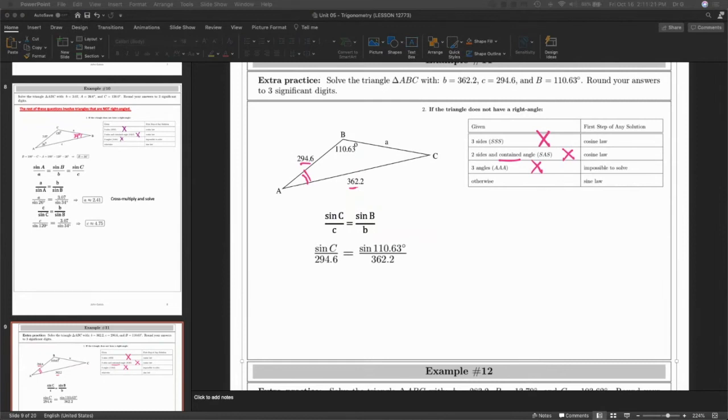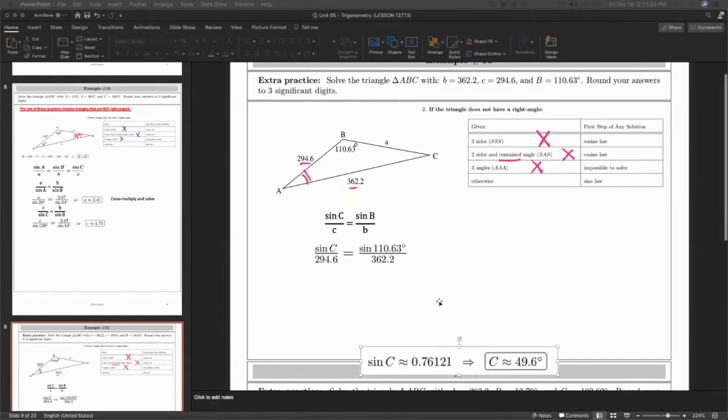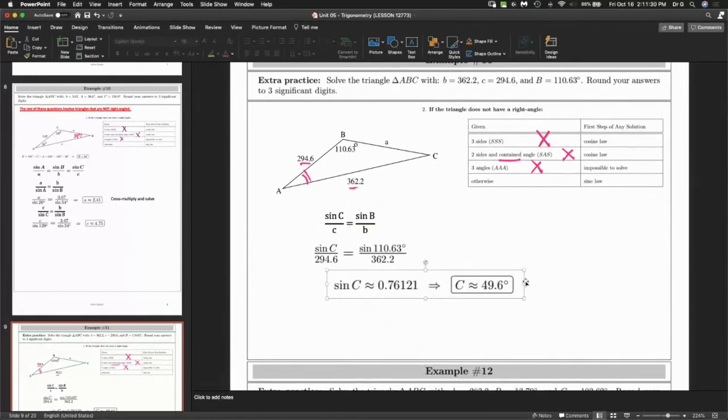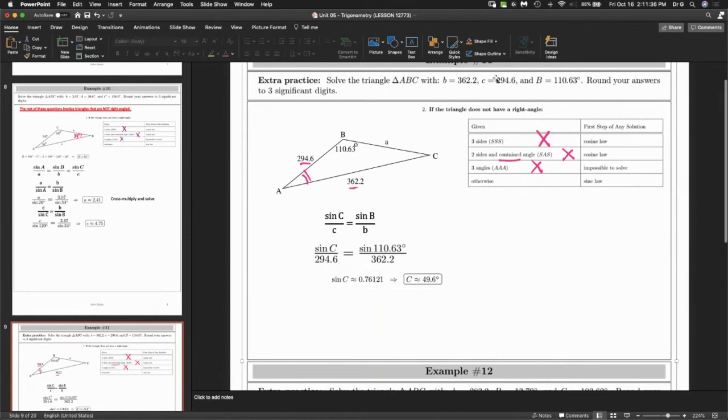Now, the key thing here that's important is once you have sine C, you need to use the inverse button. So to get the angle C, you've got to use the inverse button.